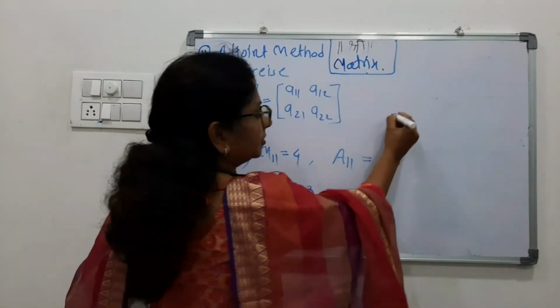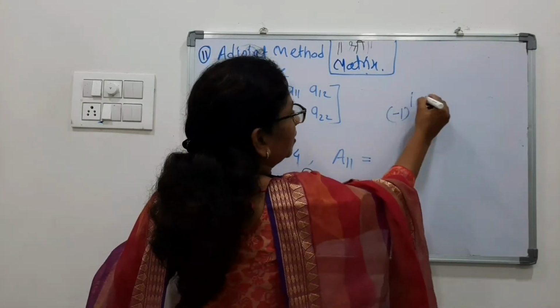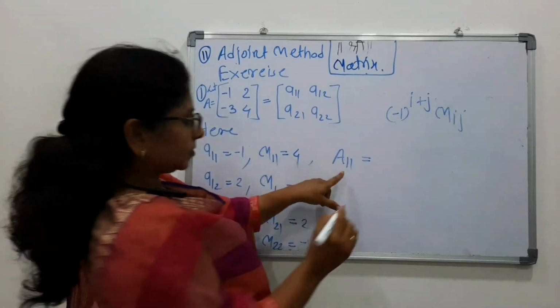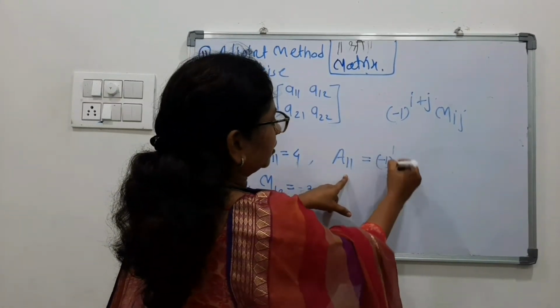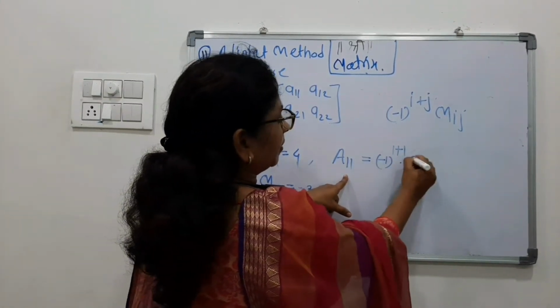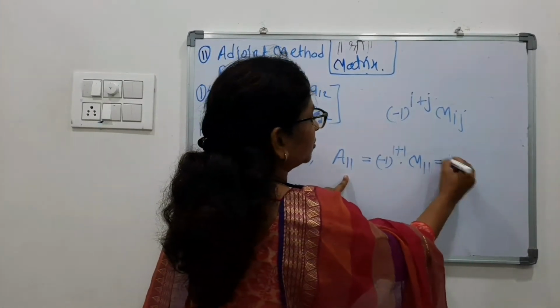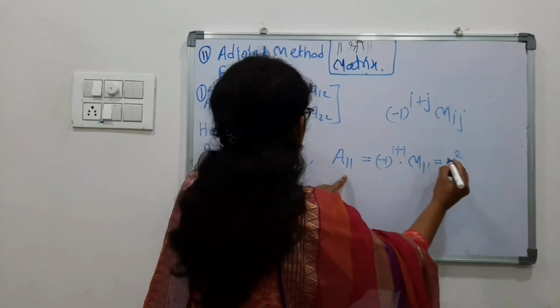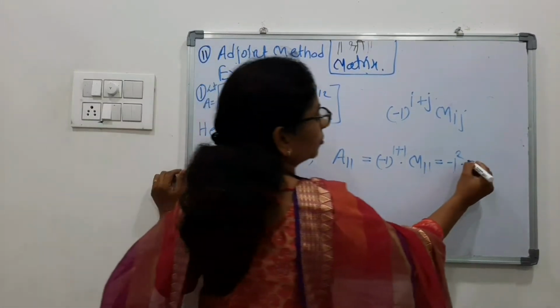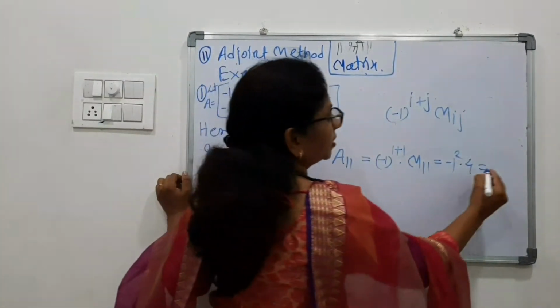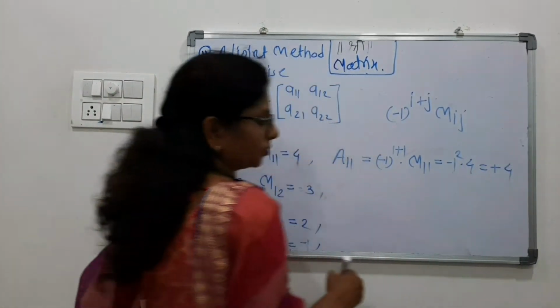What is the definition? (-1) to the power i plus j into Mij. So here i is 1, j is 1, so (-1) to the power 2 into M11, which is 4. (-1) to the power 2 means 1, so simply plus 4.